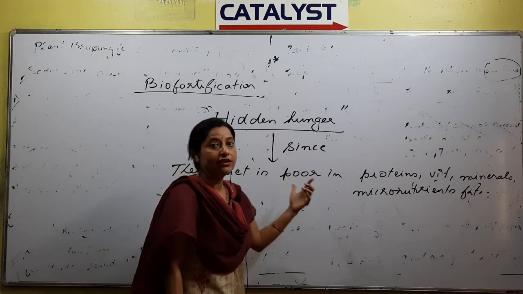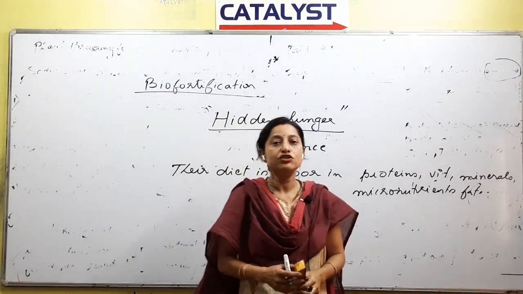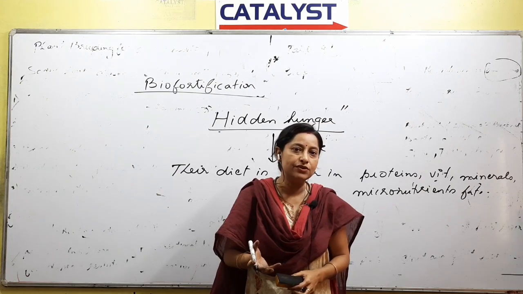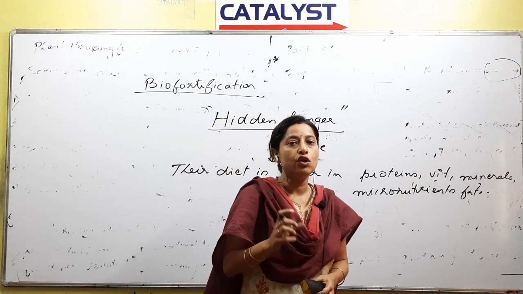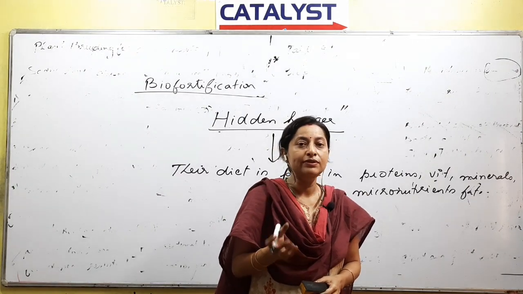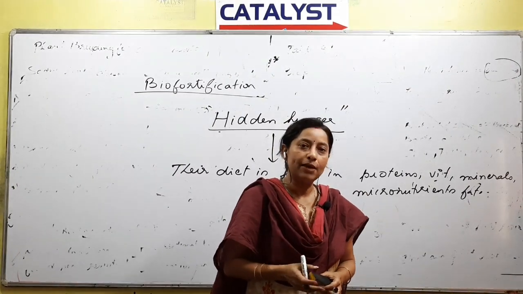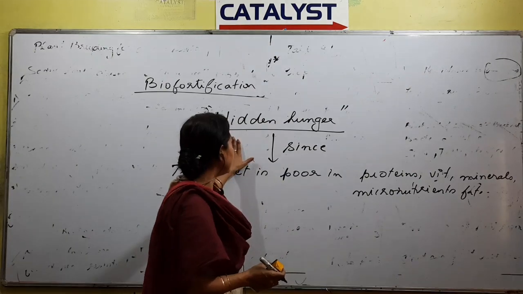Eating such a diet gives no benefit; you should have a diet that is proper in nutrients. And if by some process we can increase the quality of food, that process is called what? Biofortification. So what is biofortification?